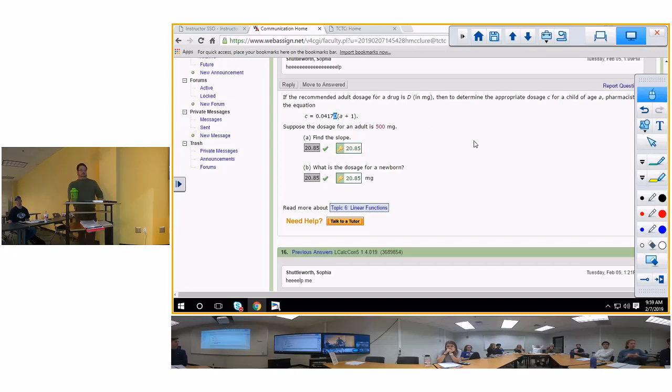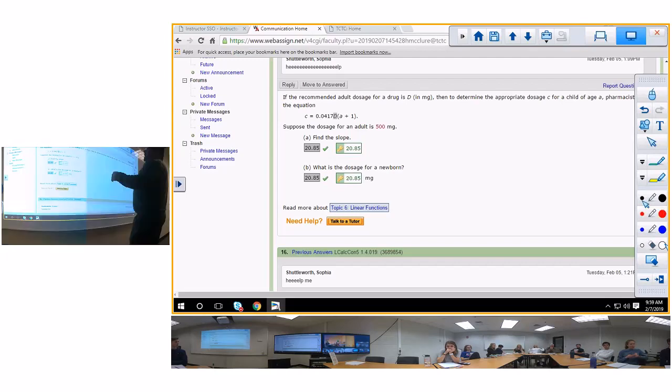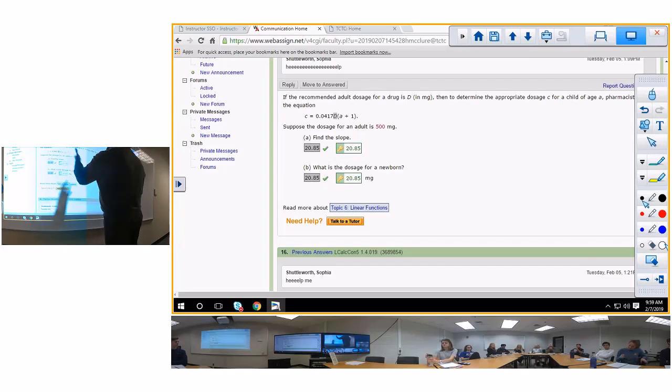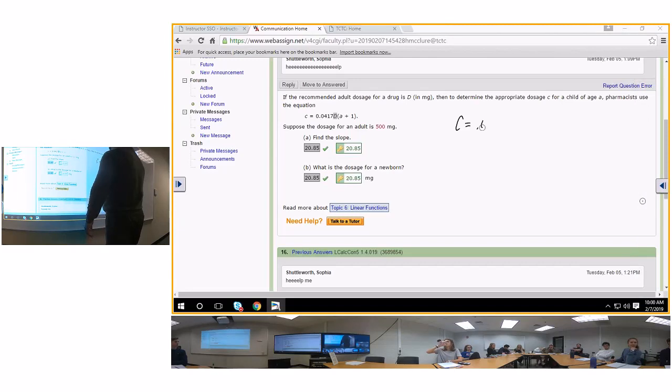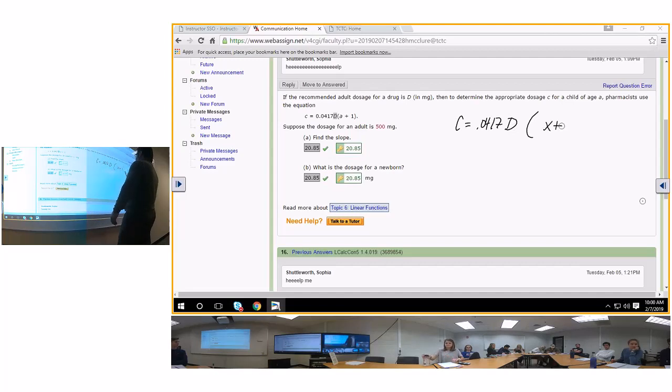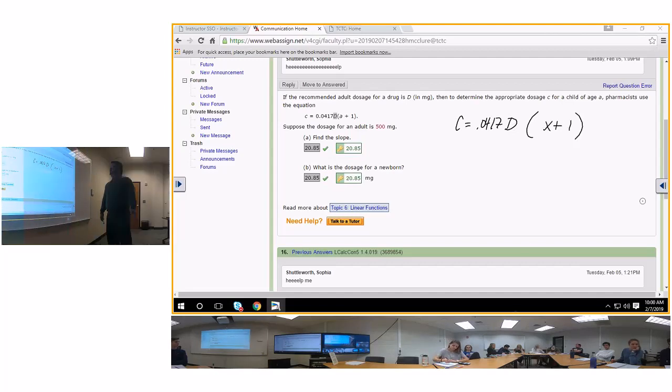So let's do that. This is a pretty good test question. Why is it a good test question? Because it takes your knowledge from algebra and it applies it. So this is just like an algebra problem. C is equal to 0.0417 D times x plus 1. Now, why am I putting that x plus 1 in there?